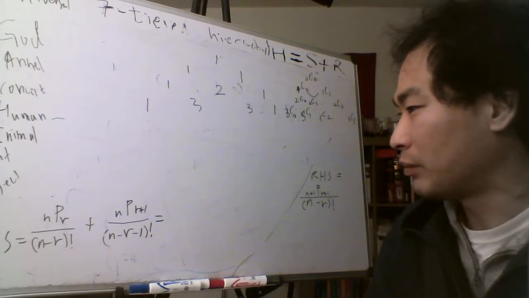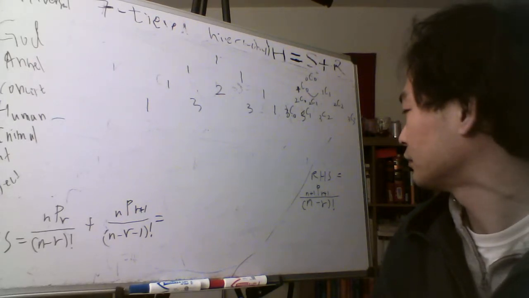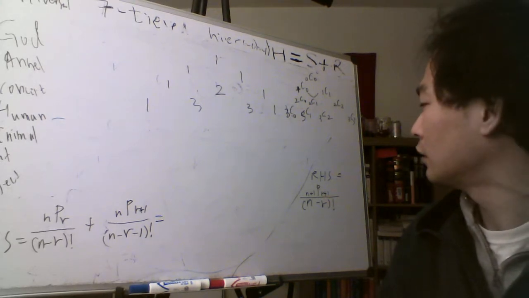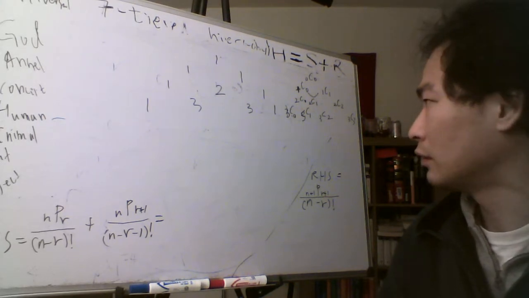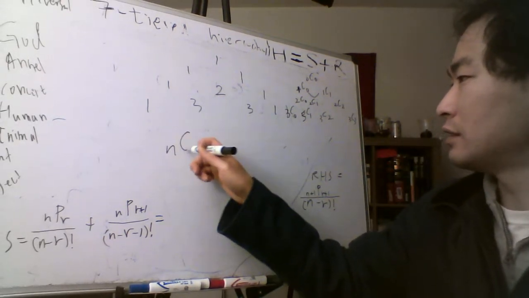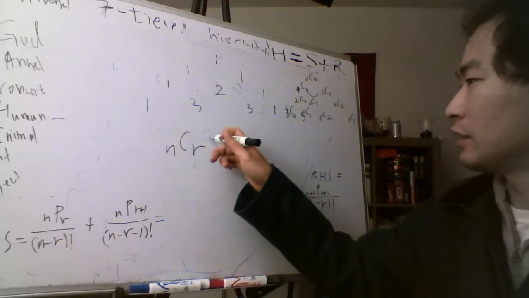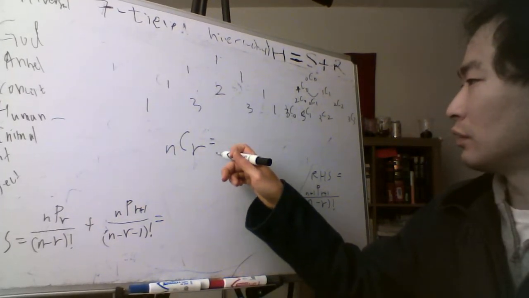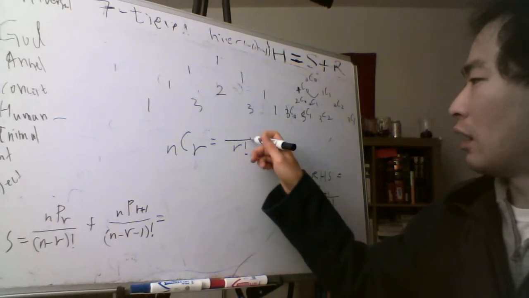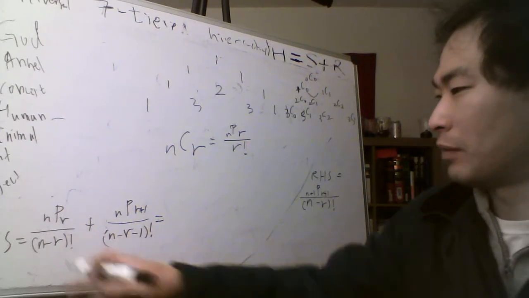And what is NPR? Wait a minute, did I do this right? NCR. Oh, I think I made a mistake. Okay, NCR is equal to, it's not r n minus r.